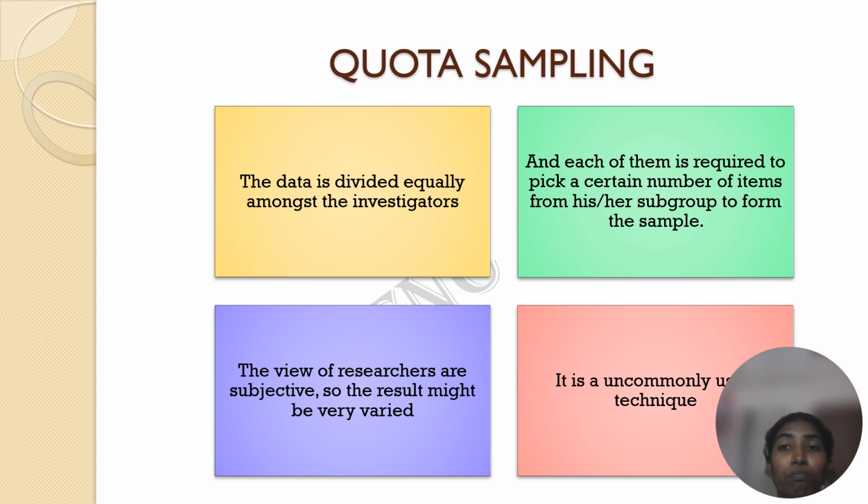One researcher might feel that the purpose of this research is this, and another researcher might feel the intention of the research is to find out one particular thing. So because of these differences in the opinion of the researcher, there might be subjectivity in choosing the respondent, and this is a very uncommonly used sampling technique.